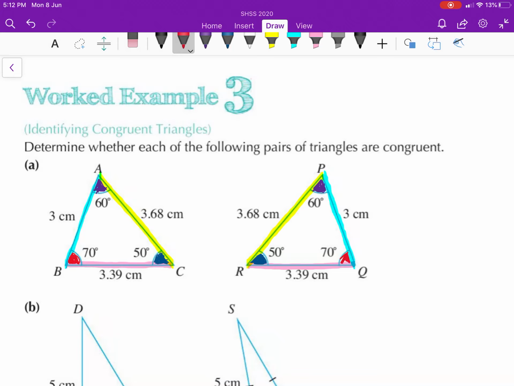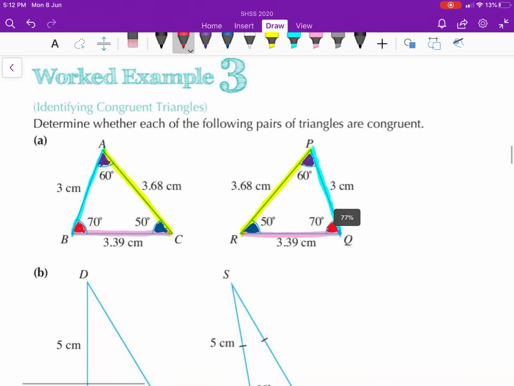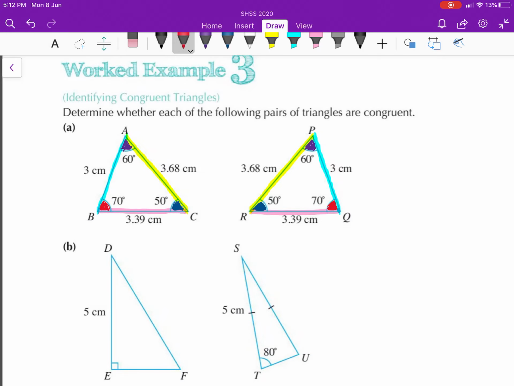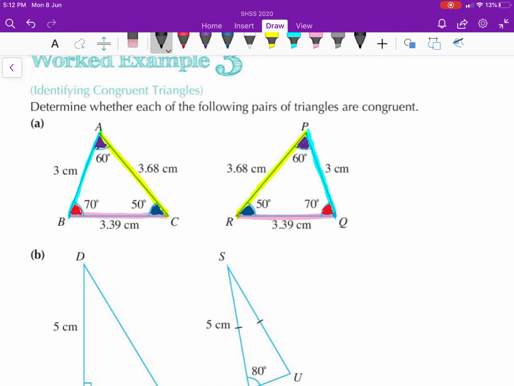So therefore, of course, with everything the same, all the three lengths the same and all the three angles the same, of course, triangle ABC is congruent to, order is important, PQR, because A corresponds to P, B corresponds to Q, and C corresponds to R.